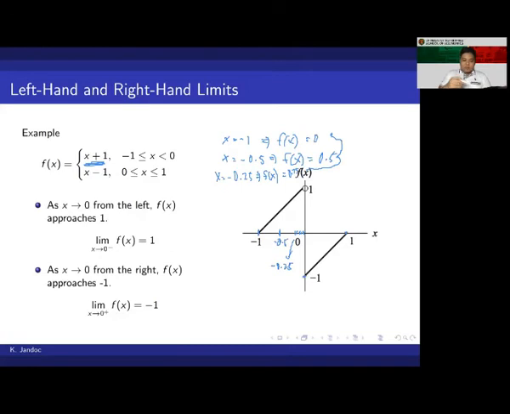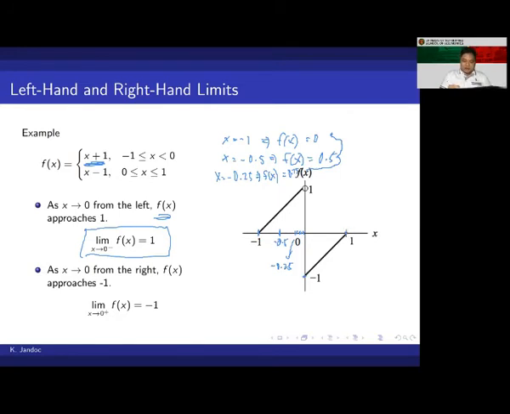So as x approaches 0 from the left, the limit of this function approaches 1. So the left hand limit in this case approaches 1 as x approaches 0 from the left. Okay, great.